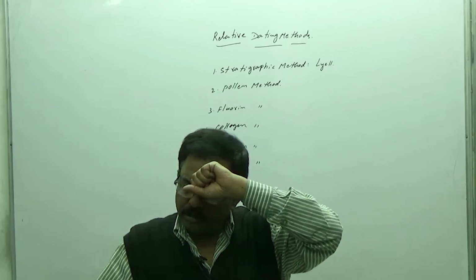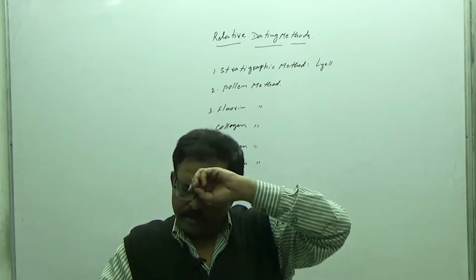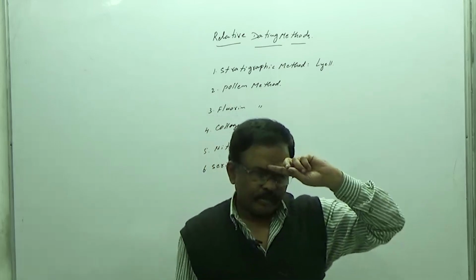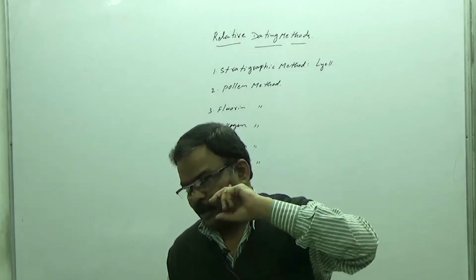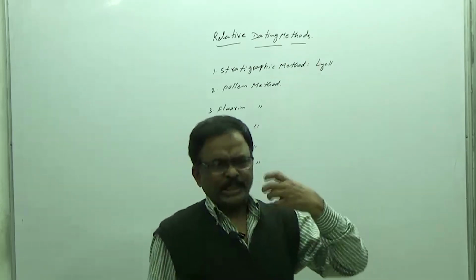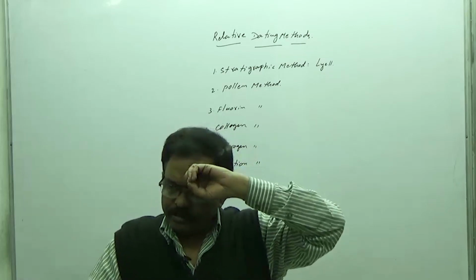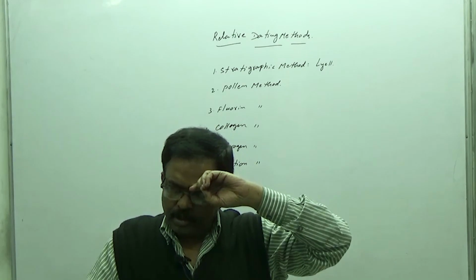Again, atmospheric C14 is not static. The percentage of C14 in the atmosphere is flexible, disturbed, not constant.